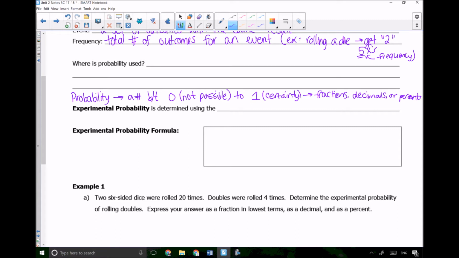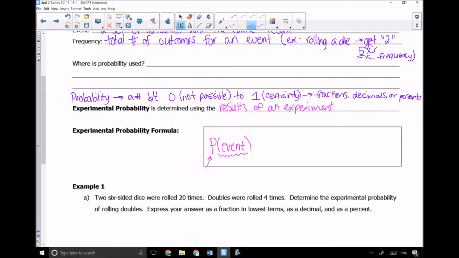All right, so experimental probability is determined using the results of an experiment. So how do you find the experimental probability of something? Well, first of all, our notation here is saying the probability of an event. So we always have P, and then in brackets, we have whatever it is that we're looking for. And I'll show you some more examples of this as we actually look at specific examples.